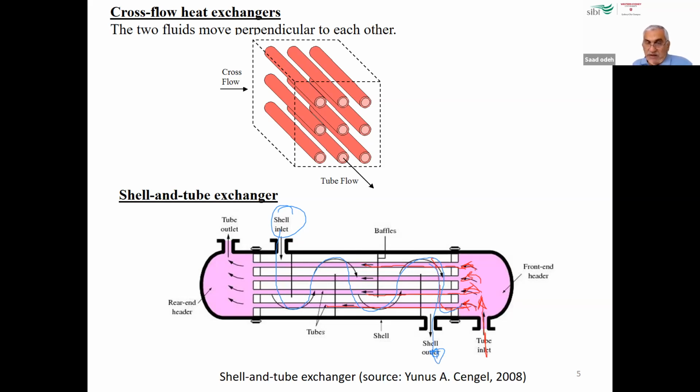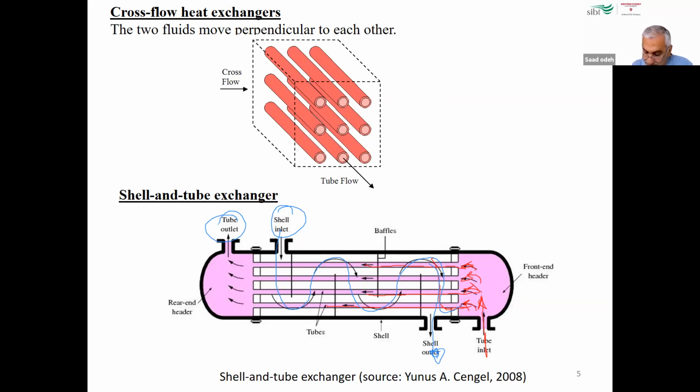Okay, and then there will be heat exchange between the red and the blue colored fluids to get the outlet temperature at this shell and tube exchanger. So, for example, the red one here is the hot fluid.